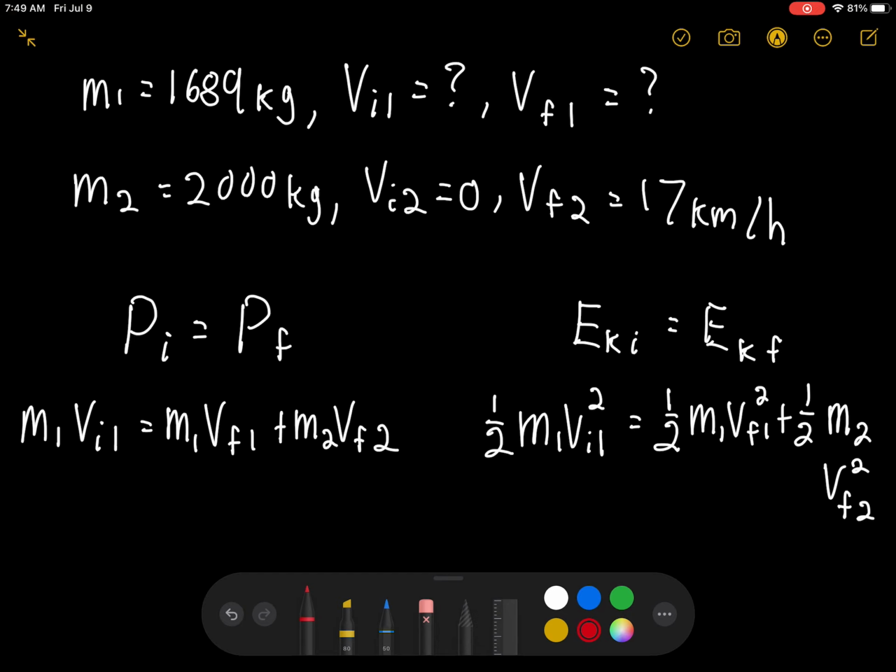Now there are two ways of solving this problem. For this example, I'm going to solve for the final velocity of the first one, and then plug that back into the momentum. Or you can do the reverse, and solve for this final velocity of the first one, and plug that back into the energy equation. Both of these work out, and it's just a matter of choice.